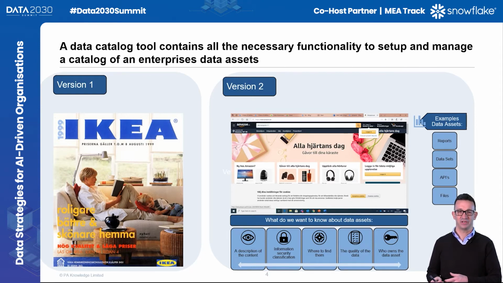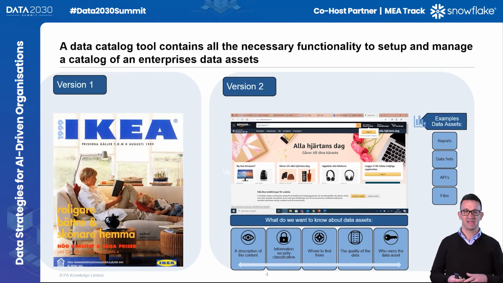That's where you can start understanding what the stock levels are for a particular product. I can go in there and physically order a product from your catalogue. And that's where we're seeing data catalogues going, from being more of a static view of how people think the data landscape looks, through to a far more dynamic view that's updated all the time and really connected to your infrastructure.